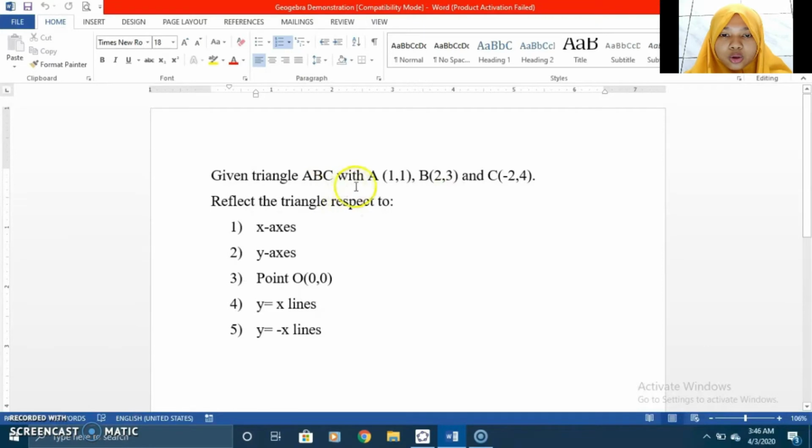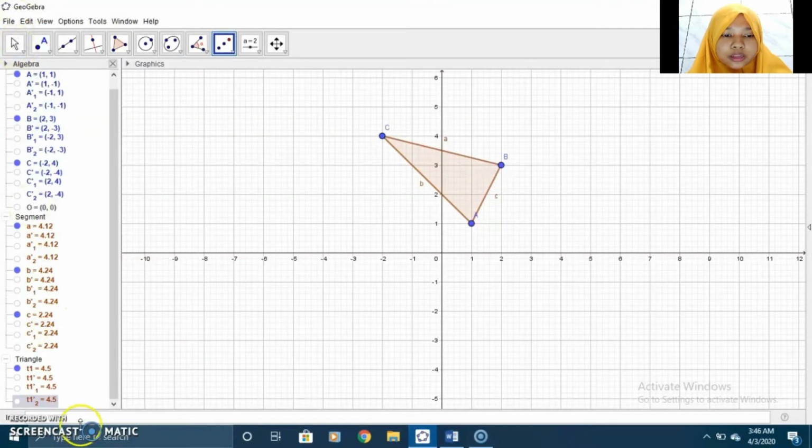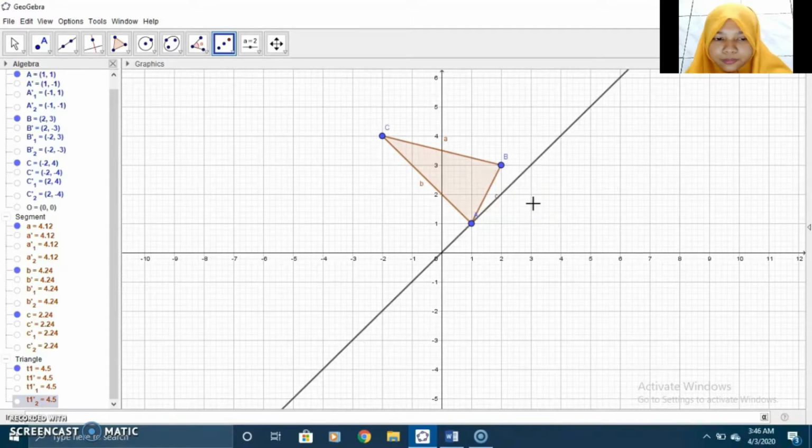Then we reflect the triangle ABC with respect to the line y equals x. First, we make the line y equals x by typing in the input y equals x.